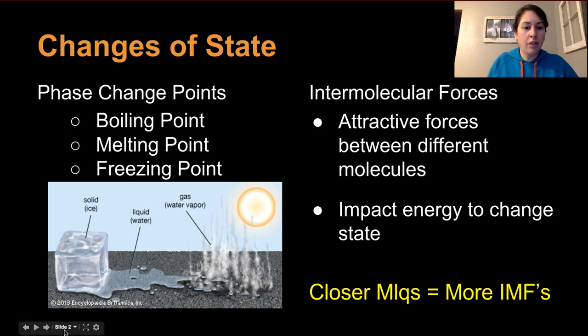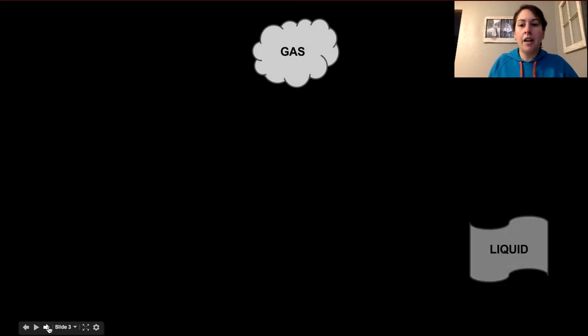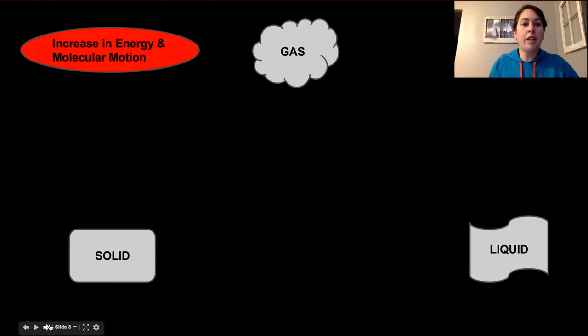All right. So let's take a look a little bit further at what happens. We're going to start off with our gas and our liquid and our solid. We're going to ignore plasmas for the most part because these are the three that we generally tend to come into contact with in most situations. And so as we work with these, we see that there's an increase in energy and an increase in molecular motion, and these are going to be designated by the red ones.